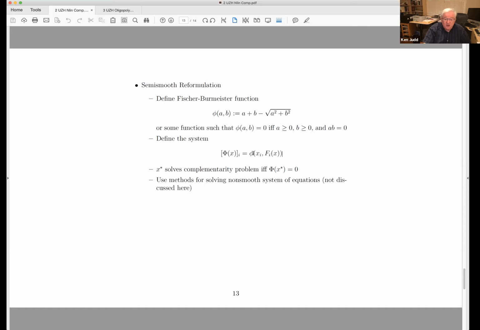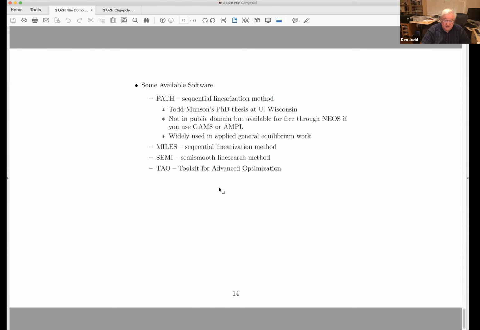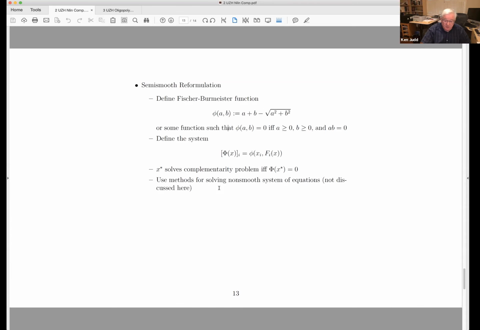And then we're going to treat this as a nonlinear system of equations. Now you might ask, how do you do this? Well, this appears to have difficulties because it's not perfectly smooth. But we'll see in the next example how we can smooth this out.